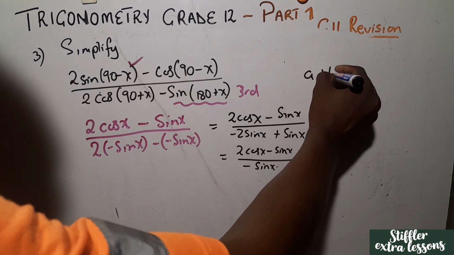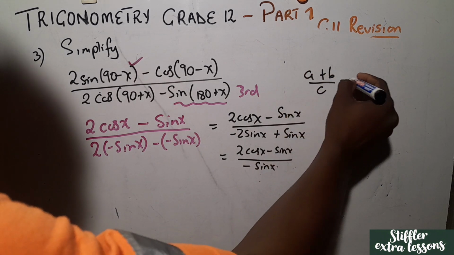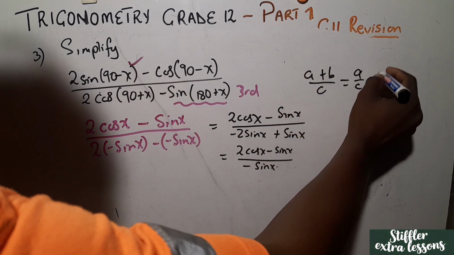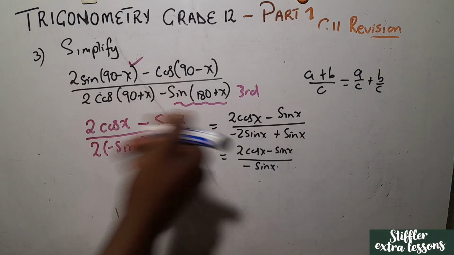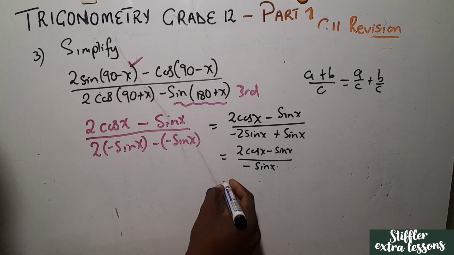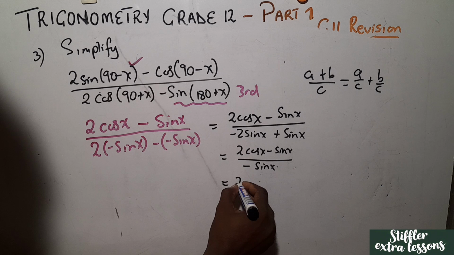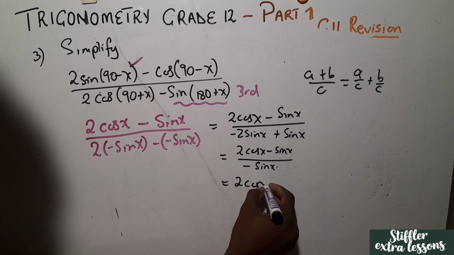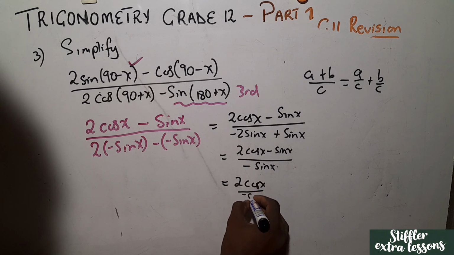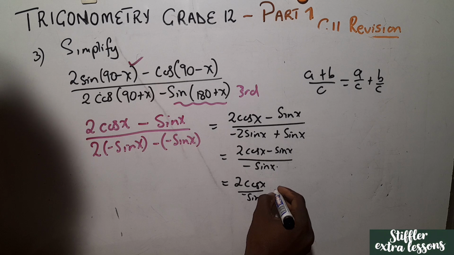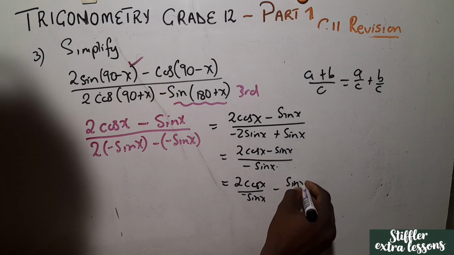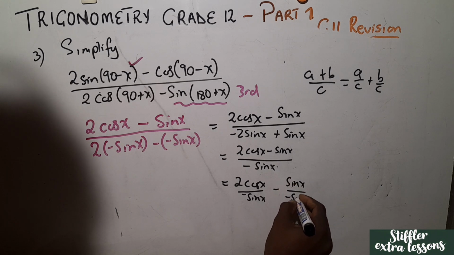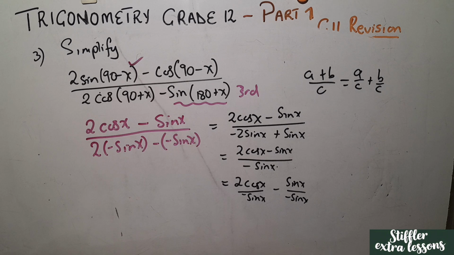You know that if a plus b is over c, you can partialize as a over c plus b over c. So let's do the same there. So this becomes 2 cos of x over negative sine x minus sine x over negative sine x, like that, right?